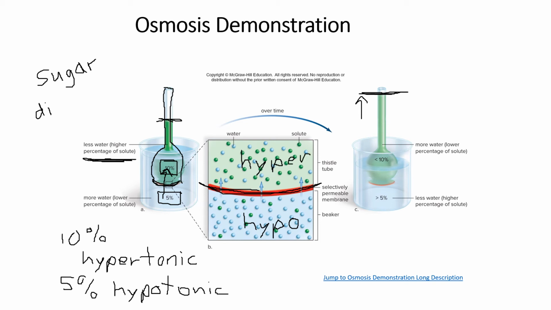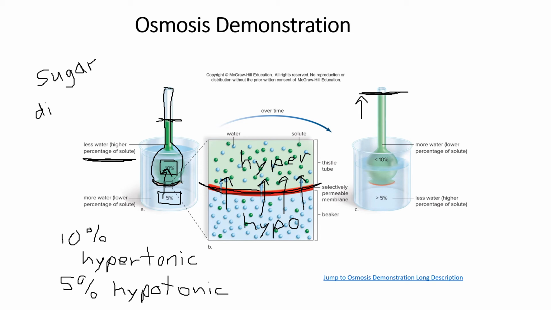Water during osmosis will always go towards the hypertonic compartment. And that's because where there's more solute, there is less water.